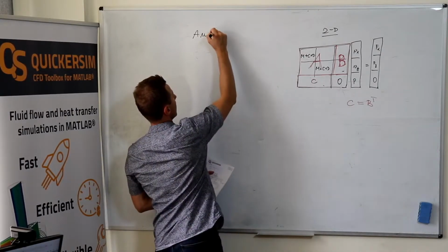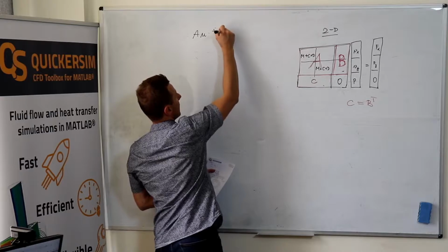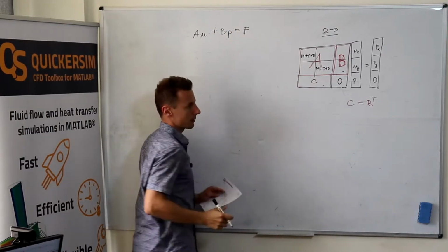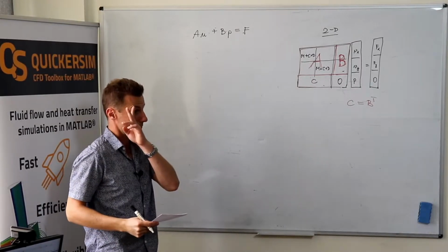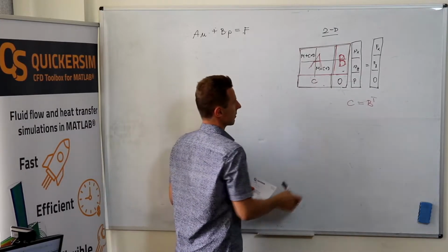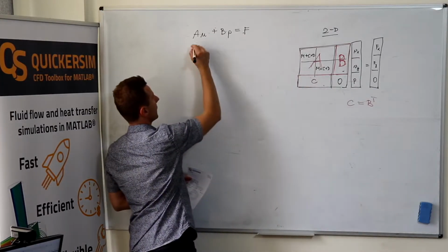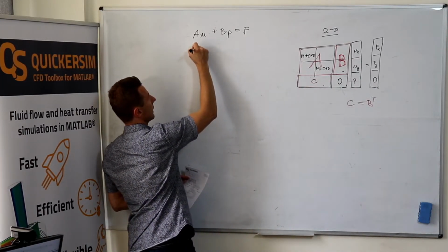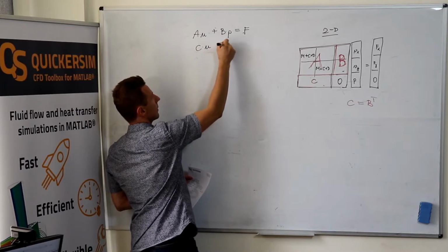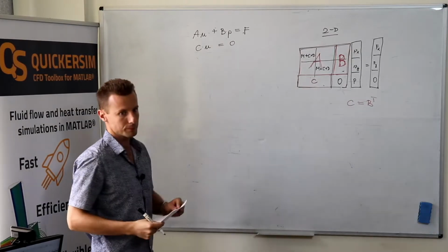Then A times U plus B applied to pressure equals some right-hand side vector, generally the momentum sources. Then we need to discretize the divergence constraint, which would be C times U equals 0.